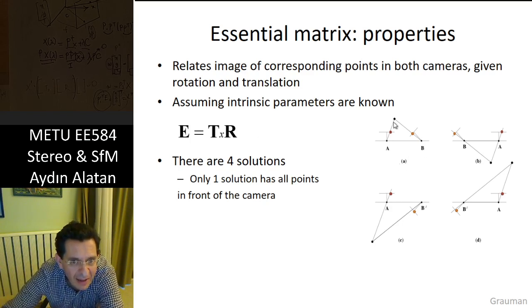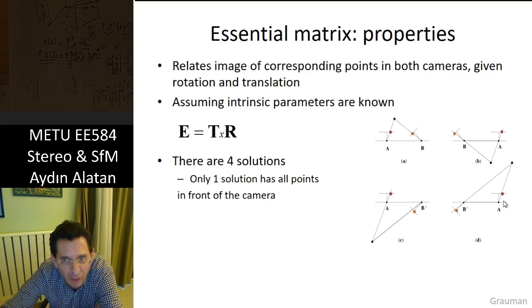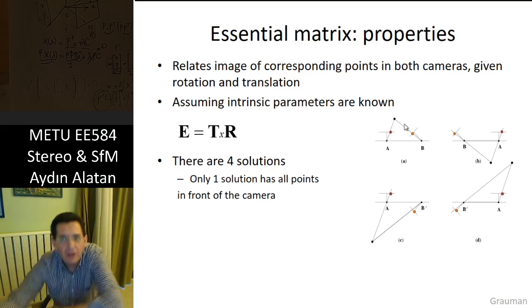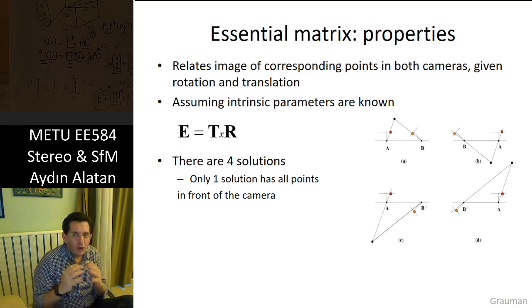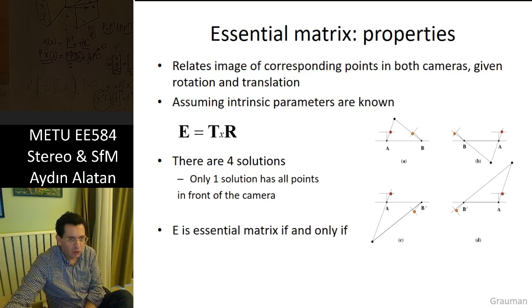Only this A part, this one, has all the points in front of the camera. If you look here, both of them are behind the camera. If you look here, one of them is in front, one of them is behind. If you look here, one of them is behind, one of them is in front, but only this one will give you the correct solution. Therefore, you have to extract the 3D information as well. If the points are positive, in front of you, then that will be your solution.